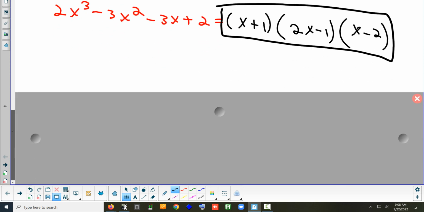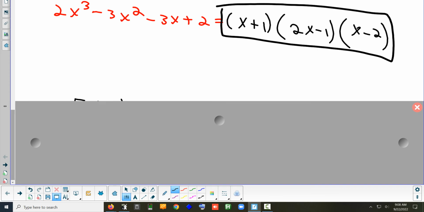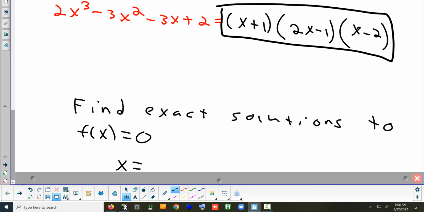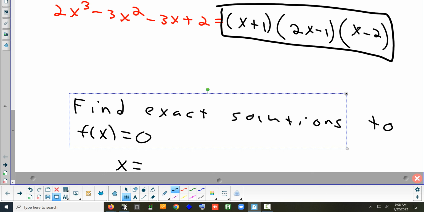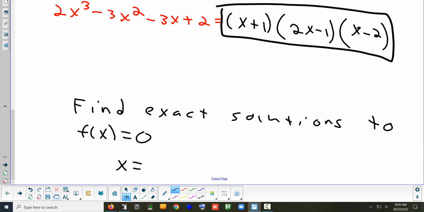Because if we can factor it into sets of parentheses, it makes it very easy to find the roots. It makes it very easy to figure out where does the graph cross the x-axis. And that's the part we're going to do. So let's look at how you can figure out where a graph crosses the x-axis if you are able to factor it.